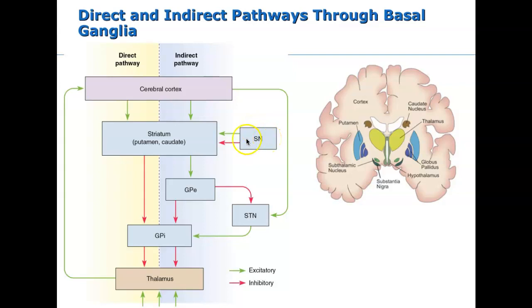These dopaminergic neurons will need to modulate the striatum in order to activate these neurons. Now, keep that in mind, make a note of it. It's going to become important in just a moment when we talk about diseases of the basal ganglia.